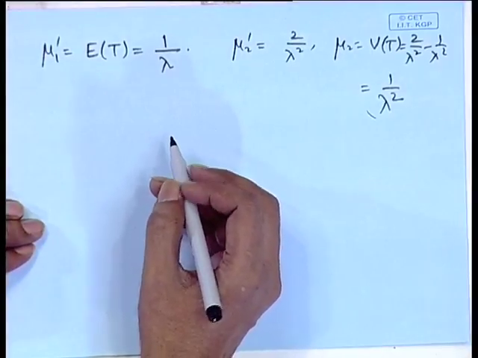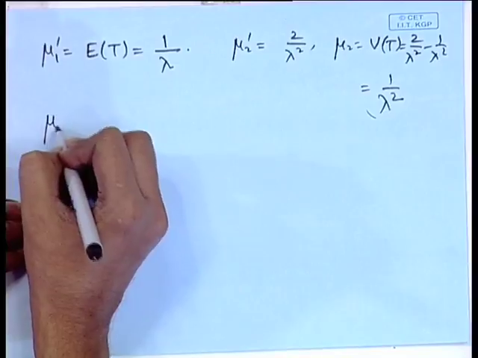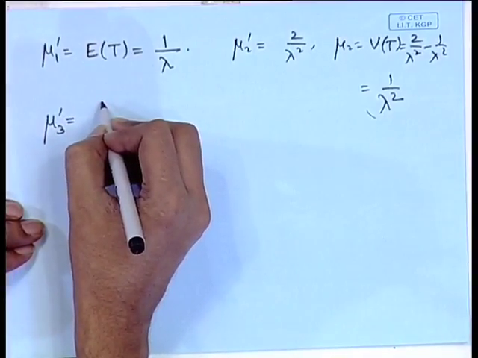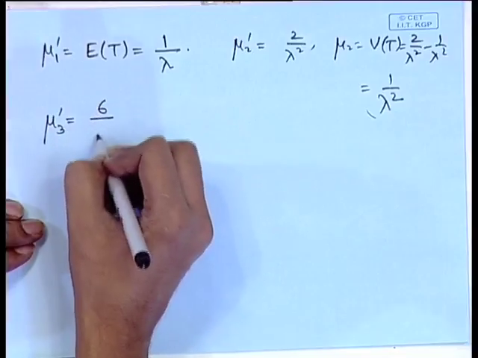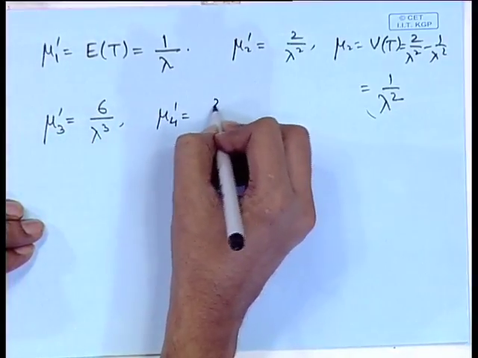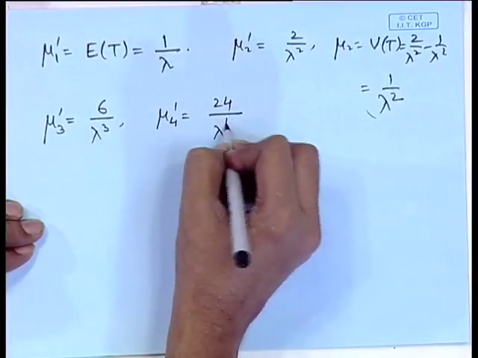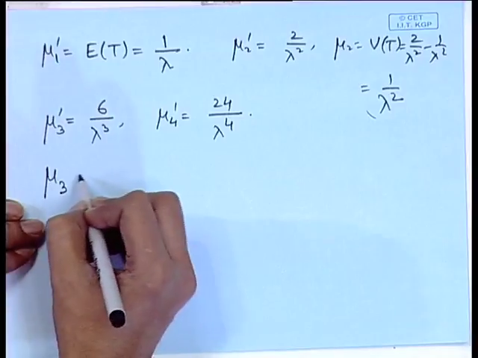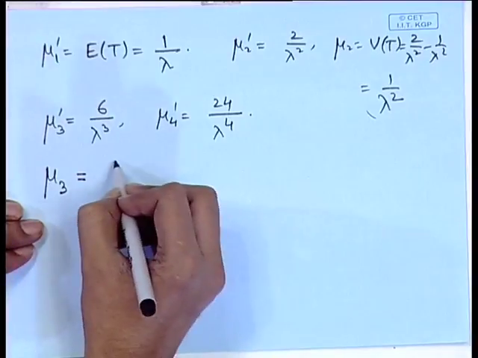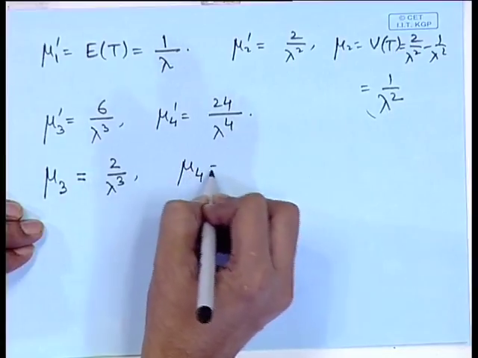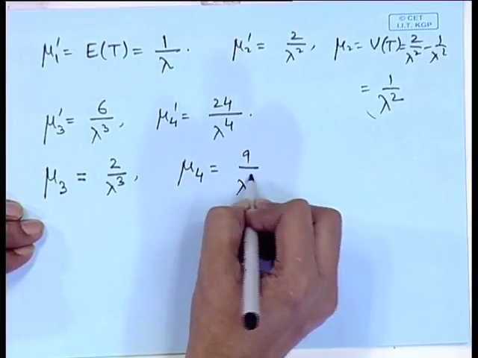We may calculate mu 3 prime, that is equal to 6 by lambda cube, mu 4 prime will become equal to 24 by lambda to the power 4. Using the relationship between the non-central and central moments, mu 3 is equal to 2 by lambda cube and mu 4 is equal to 9 by lambda to the power 4.